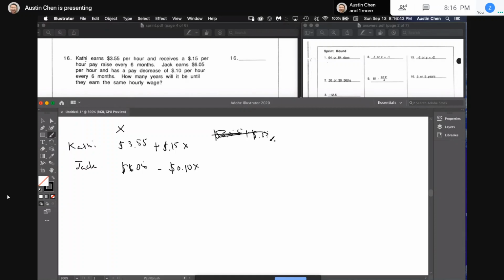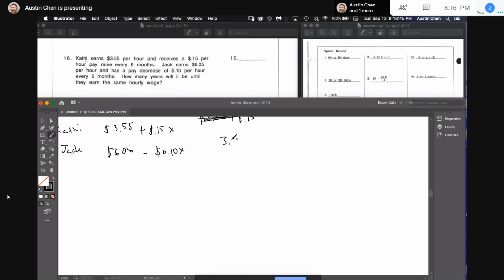Actually, I'm going to drop these dollar signs, just assume everything is in dollars. Okay, my handwriting is a little bit bad, but move x to one side, move constants to the other side.